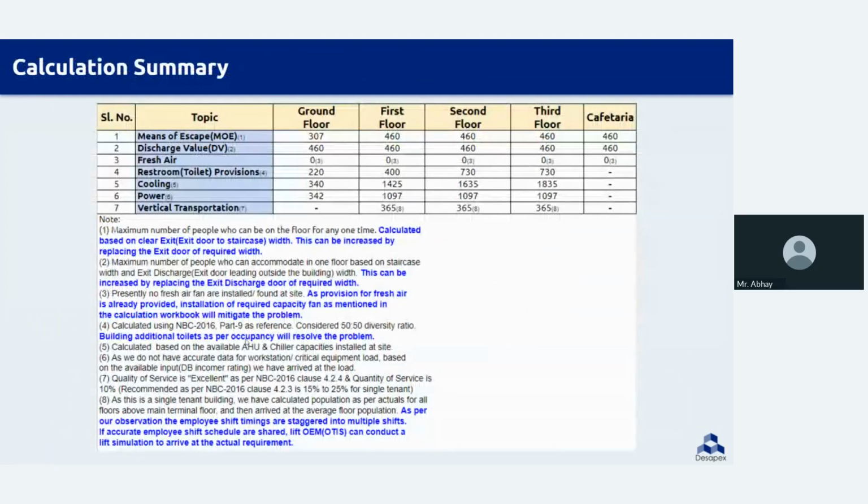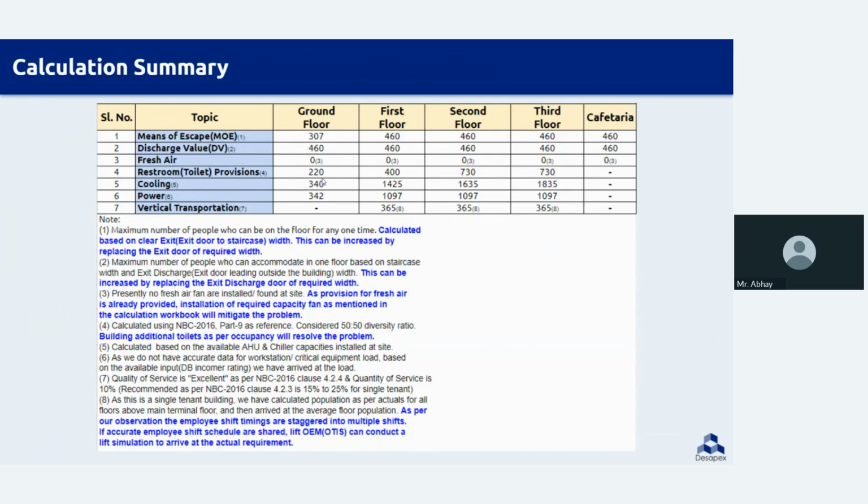This brought us to a conclusion on which is the most limiting factor and what we can do to mitigate it. For example, here you see that for fresh air there is no fresh air provision. By adding fresh air fans, we could mitigate this issue. There is a limitation due to restrooms, so we could add more restrooms.